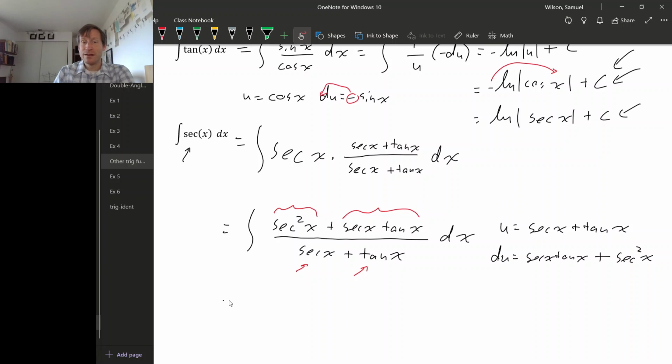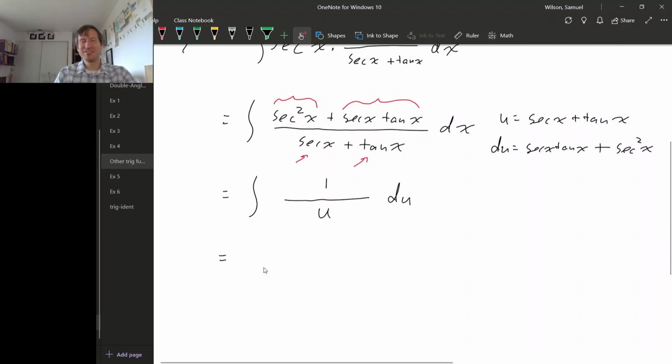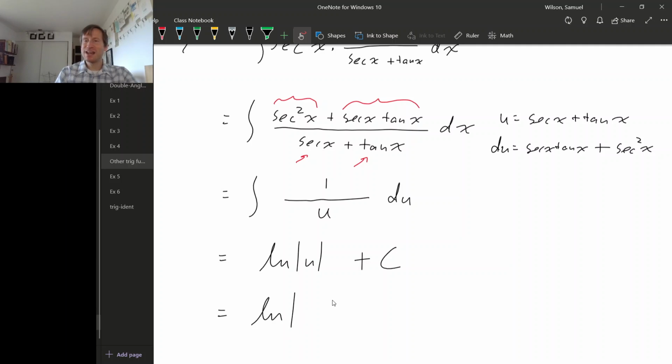When we do this substitution, the denominator is just u. Everything in the numerator, together with dx, makes du, so the remaining numerator is just 1. Now integrating is straightforward. We get natural log of the absolute value of u plus a constant, and then undo the substitution: natural log of secant x plus tangent x. So it's no wonder we couldn't guess an antiderivative for secant. The antiderivative for secant is kind of crazy.